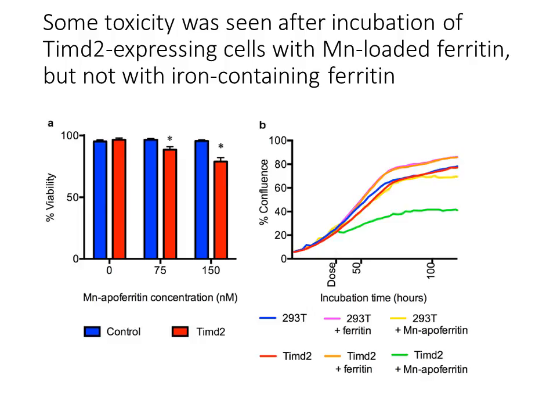And we don't see that in control cells incubated with manganese-loaded ferritin, or Timd2 expressing cells incubated with iron-loaded ferritin. So that's really quite an important point. Iron-loaded ferritin has no effect on cell growth rate, but clearly manganese-loaded ferritin does. And therefore we took iron-loaded ferritin forward as the contrast agent that we would use in vivo.